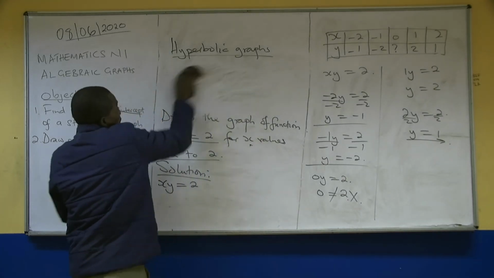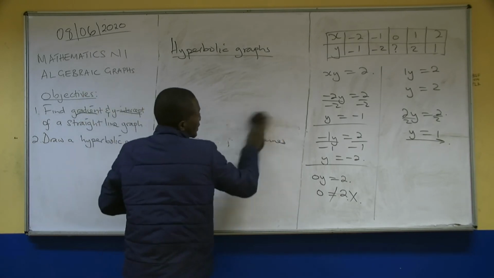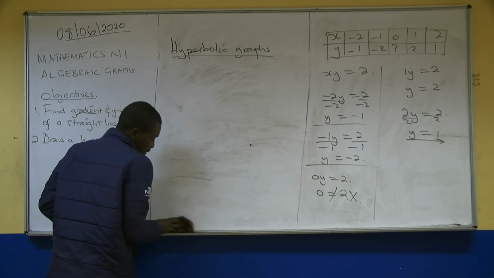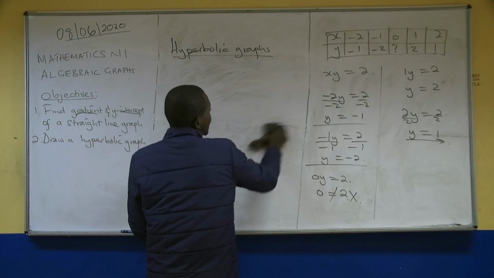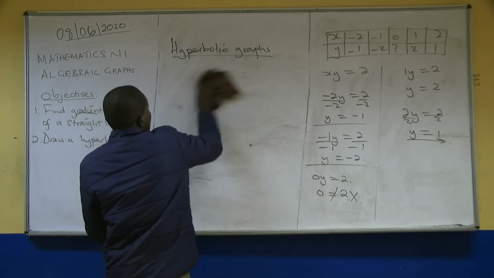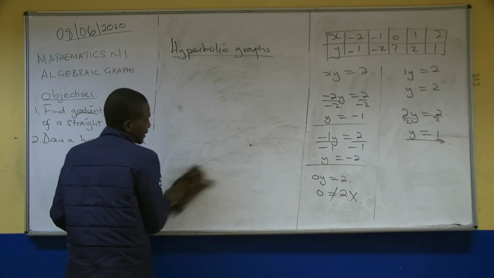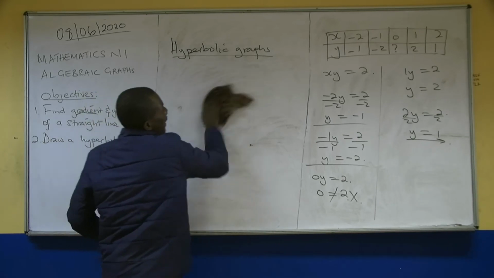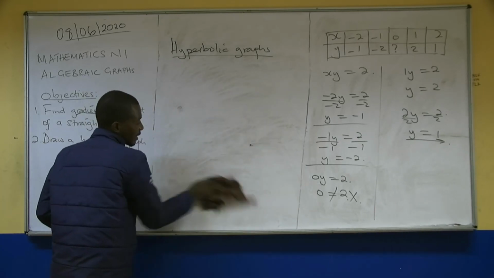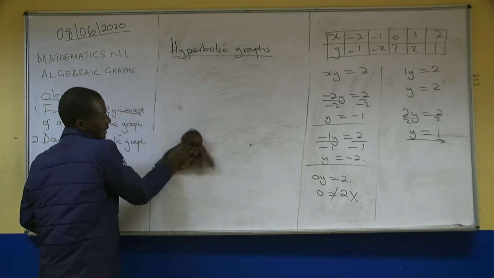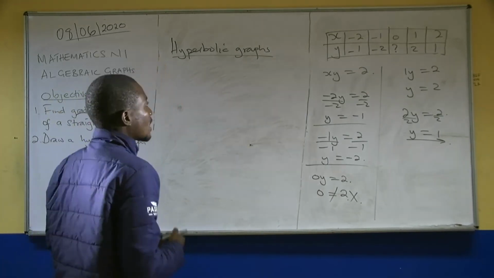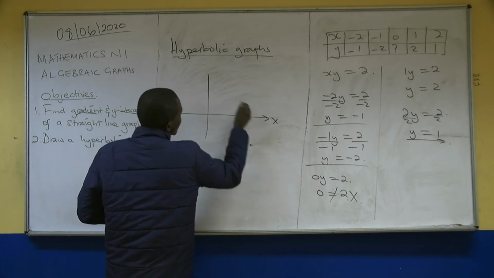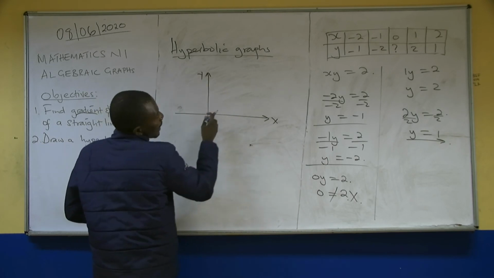Then we want to draw the graph because the question said draw the graph. What you are going to note is that when x is 0, y has no value, which means there is some discontinuity at that point. I know it won't come out nicely here because I don't have graph paper. But for you with graph papers, you should produce a much nicer graph than what I'm going to produce here.